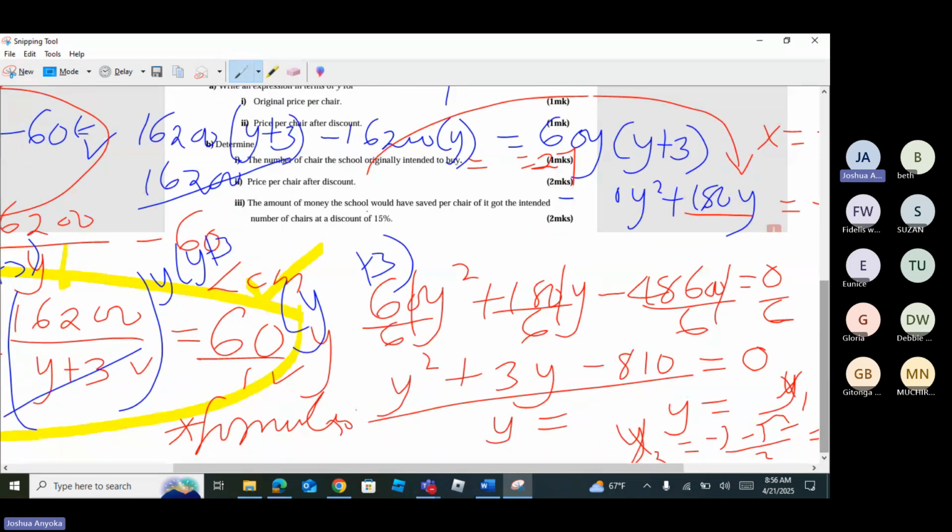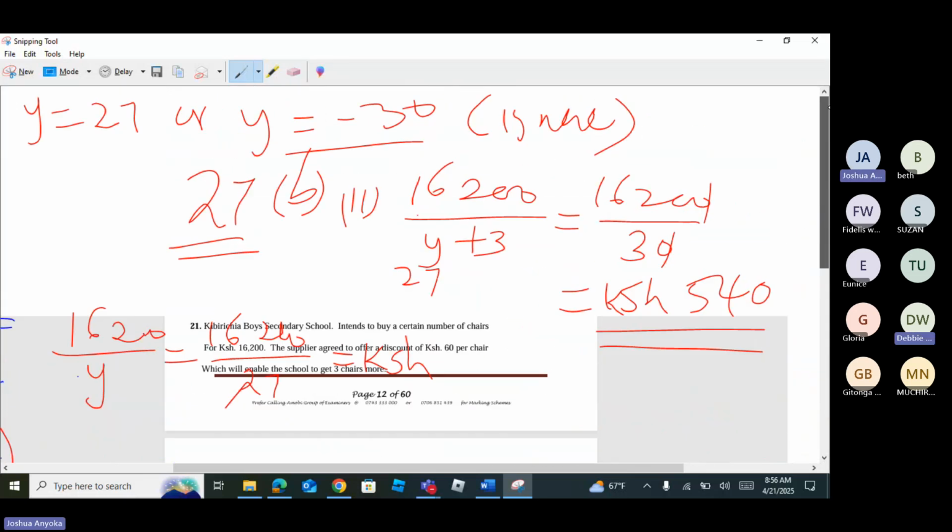We worked out, and we had this equation. After solving this equation, we found the value of y to be 27 or negative 30. We said, let's ignore negative 30.